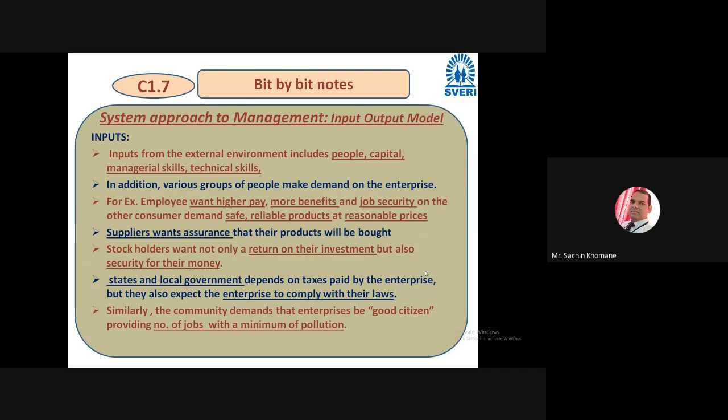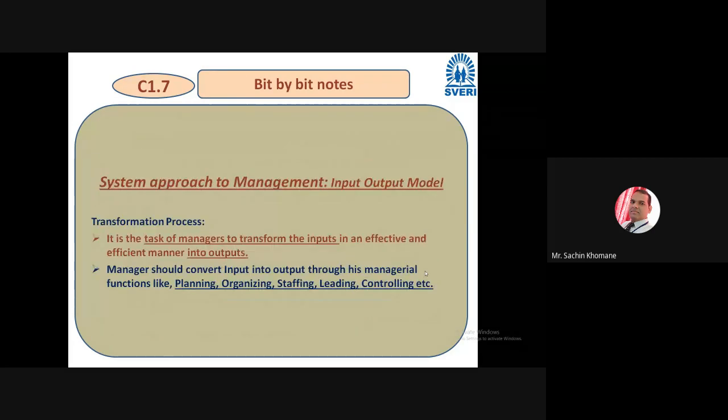Okay, so if not, then let us discuss the next point, the transformation process. The name itself indicates doing something operational on that input and producing the output, right? So friends, this transformation process is the role or task of the manager to transform input into effective output, right?